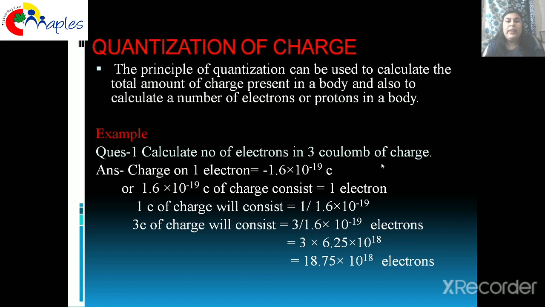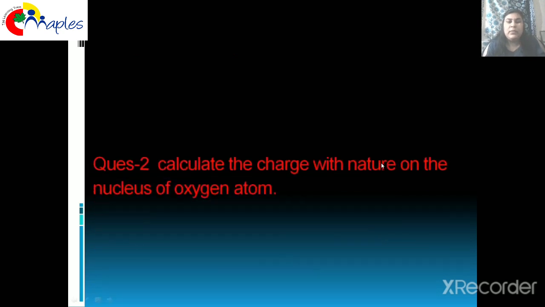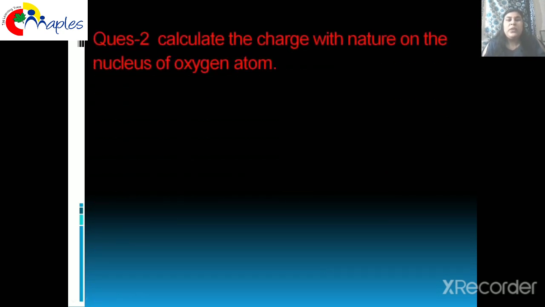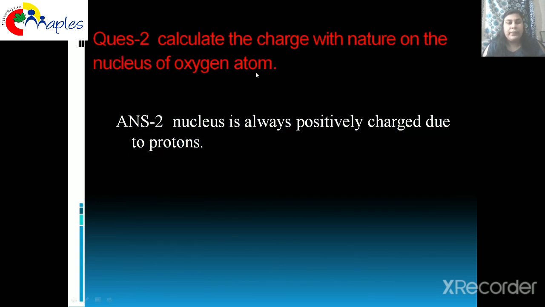Now we will take another example: calculate the charge on the nucleus of an oxygen atom. This time we have to find the charge not on the full atom, only on the nucleus. Please consider this word: only on the nucleus of the oxygen atom.